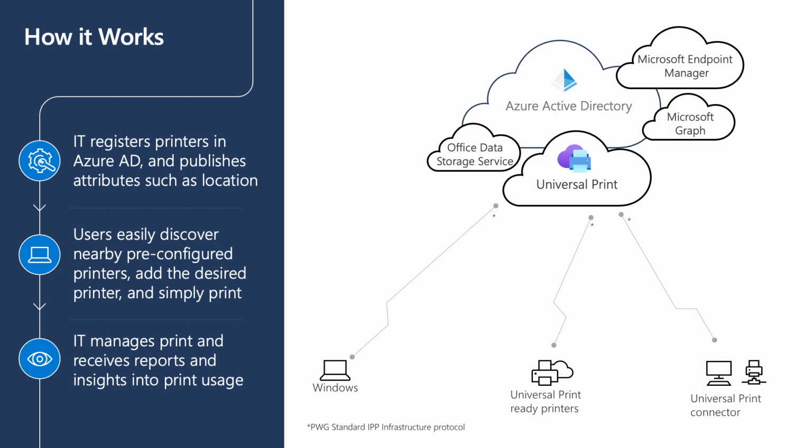Universal Print has you covered as well with Microsoft Endpoint Manager, commonly known as Intune. And what if you need to build your own web app for a line of business application? Universal Print is integrated with the broader Microsoft Graph API, such that you can retrieve printers, get printer statuses, and submit print jobs, among other things.